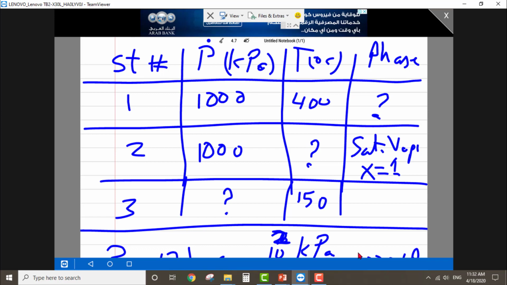Maybe it's better to add a column, a special column for volume. So here there is no information about volume, but we have compression. Here constant, V2 equal V3.